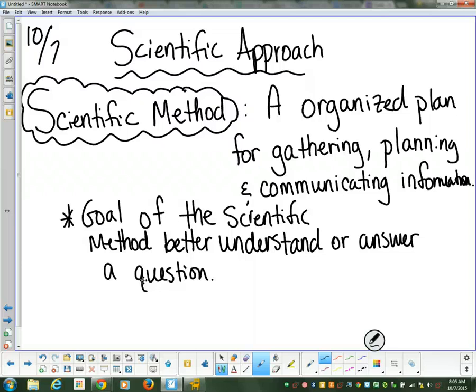So I'll let you get caught up there, but our whole point of the scientific method is that we're faced with a question and it's our job to come up with an answer for it or to better understand it. And so we use the scientific method for that.